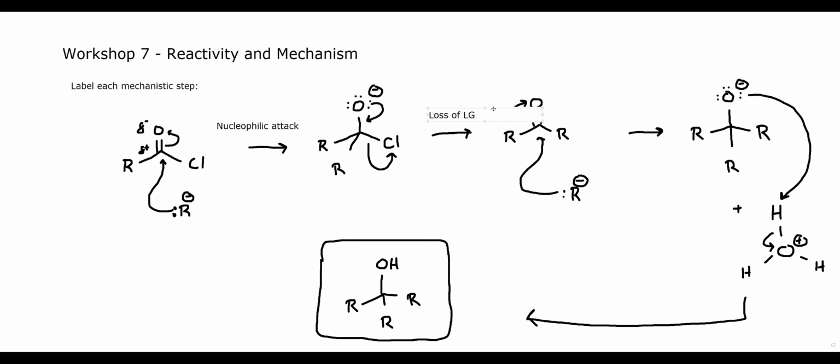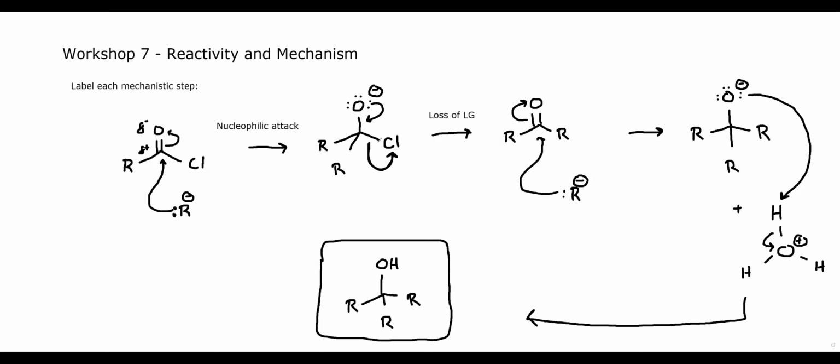Now let's consider the mechanistic arrows for this loss of a leaving group. Now the chlorine is leaving, so we're familiar with this lower arrow here, right? This chlorine is leaving and it's taking its electrons with it. That's the arrow we usually see.